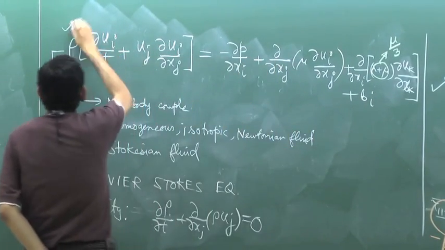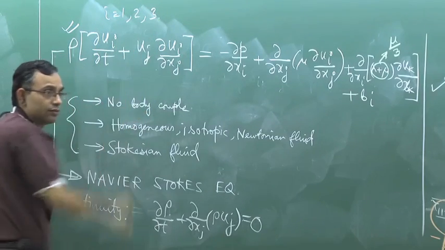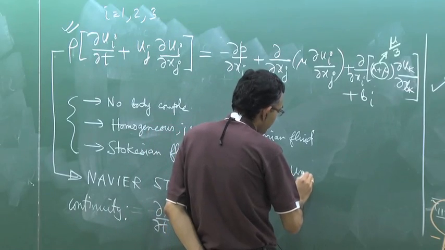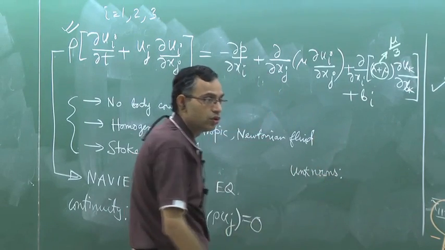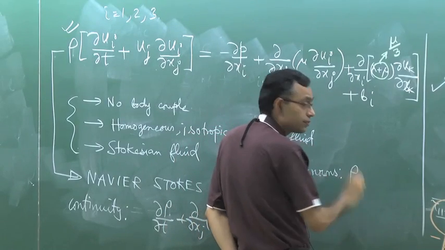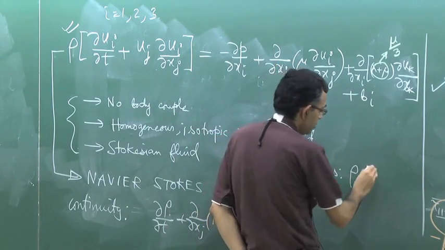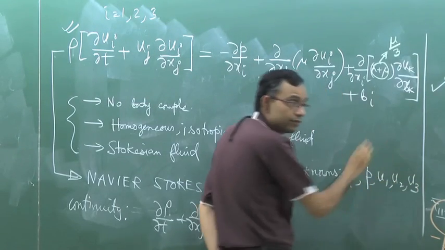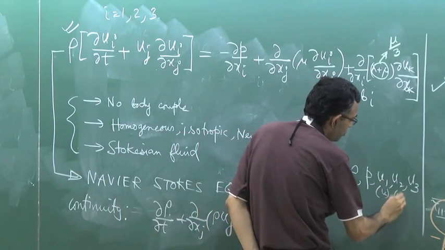In this equation there are 3 components, i equal to 1, 2, 3. So how many unknowns? What are the unknowns? Rho, P pressure, U1, U2, U3. These are basically U, V, W.